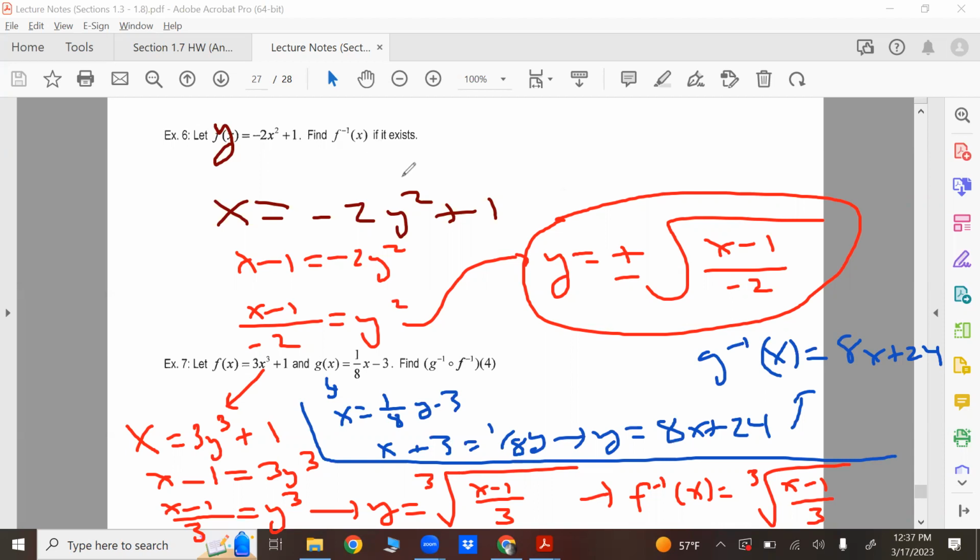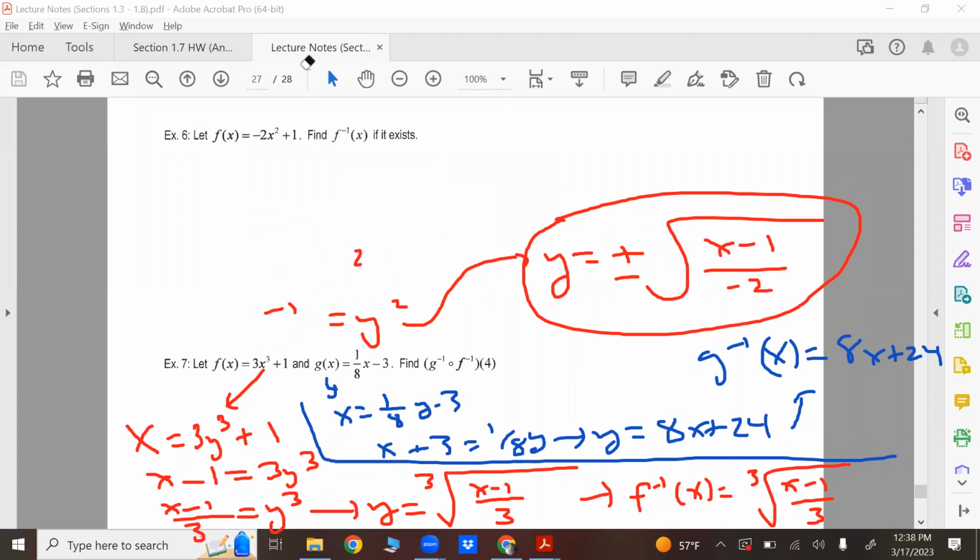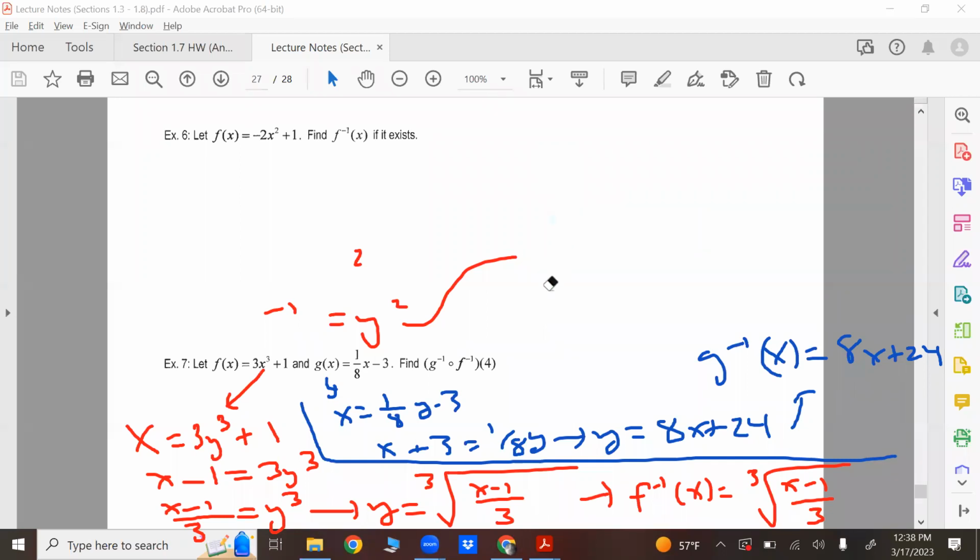Now, what do we really want? Let me erase this stuff up here. We don't need this anymore. All right, so now what does the question really want? It really wants g inverse of f inverse of 4.